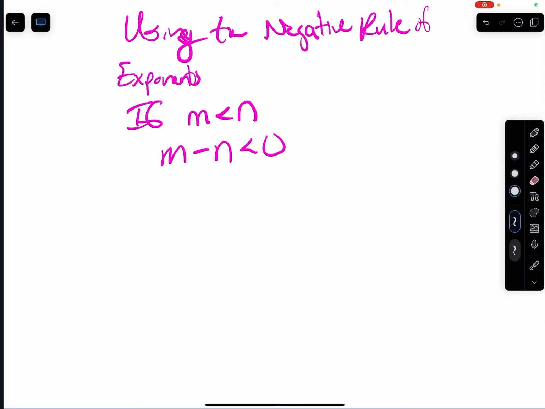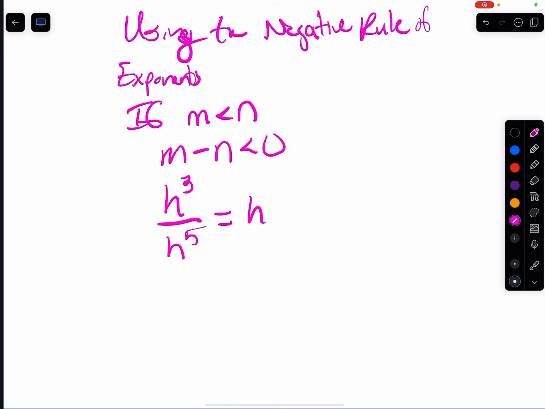So what if we had h to the 3 power over h to the 5 power? Well, the same rule applies, is that we can subtract the exponents. That's h to the 3 minus 5, which is h to the negative 2, but that's negative. What does that really mean?